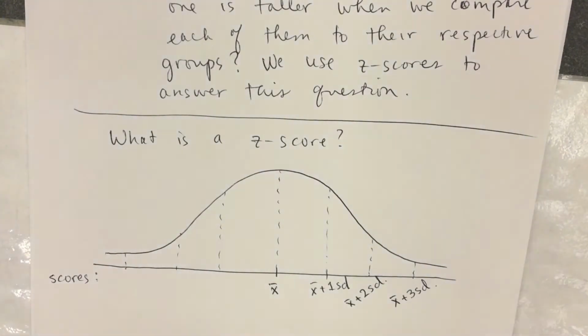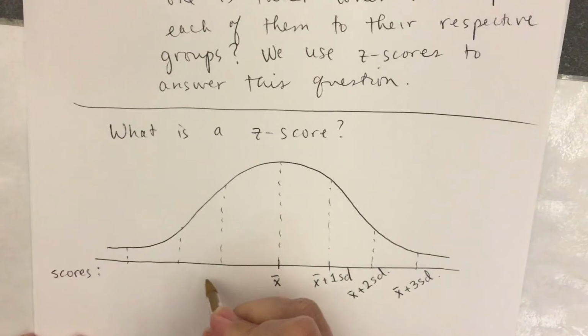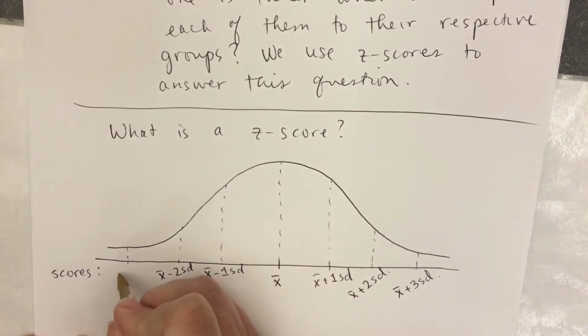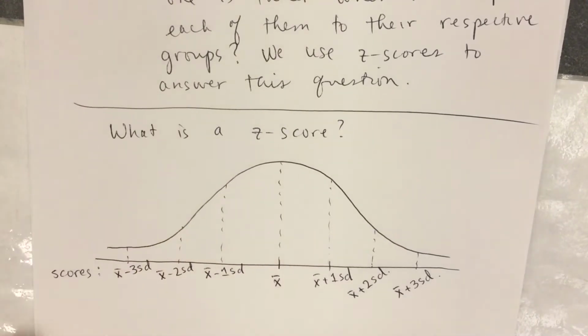And if I go the other way, 1 below is x bar minus 1 standard deviation. 2 below is x bar minus 2 standard deviations. And 3 below is x bar minus 3 standard deviations.